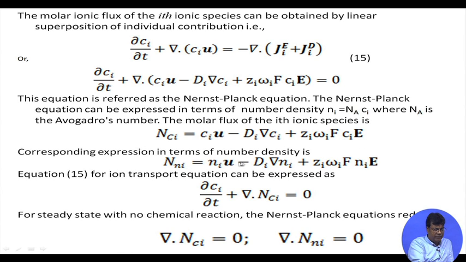And if I write it in terms of the number density of the ith ionic species, it is governed by this relation. Now, this relation 15 can be written in this manner.